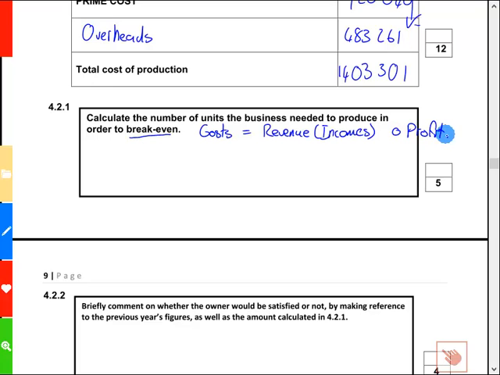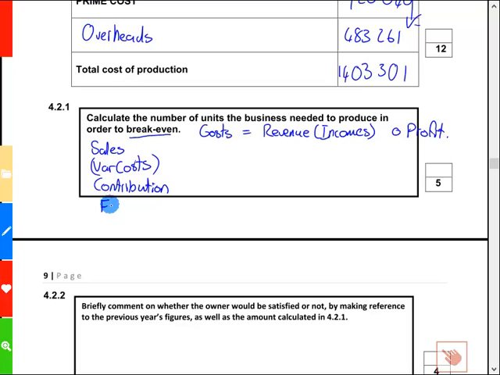So when will this entity break even? Well, remember that the contribution or the marginal income statement, which is also known as the short form income statement for a manufacturing entity, can be written as follows: sales minus variable costs gives you contribution.